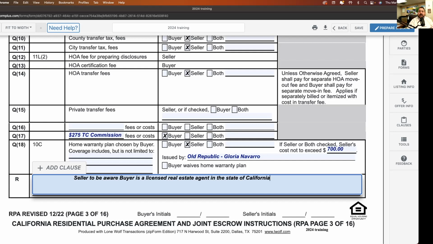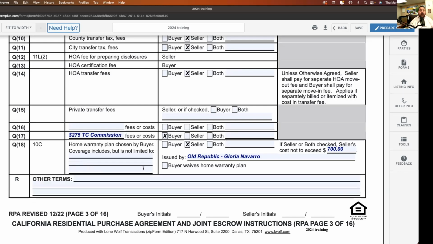So even if I'm not using the responsibility of my license as the agent, I'm not representing myself, somebody else is representing me, I still have a higher standard. I've got to disclose that. So this is what this section of other terms is for. Anything else that I need to make sure is clear and is included in our transaction. Okay? Questions about other terms?